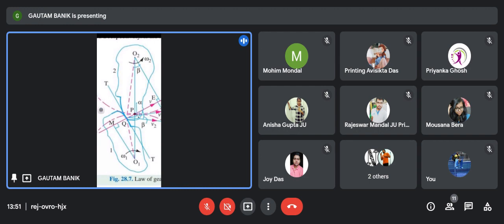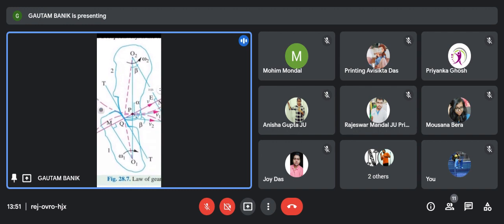This is the gear theory. In the theory of gears, it will happen. So this is the line of force. The line of force is acting along this pitch line. This is called the pitch line, P, and the velocity and force will be acting along this.